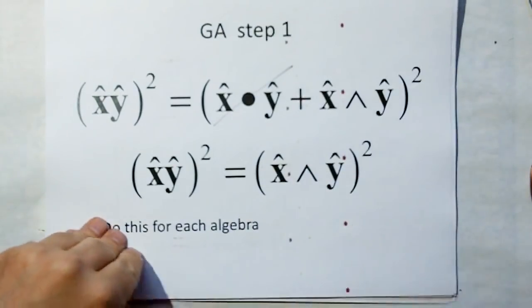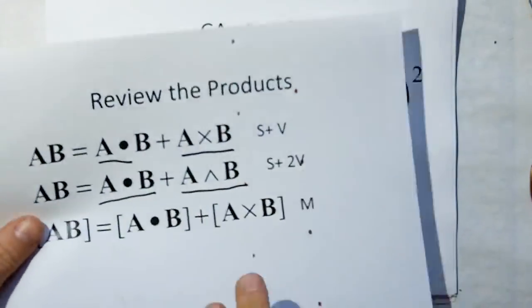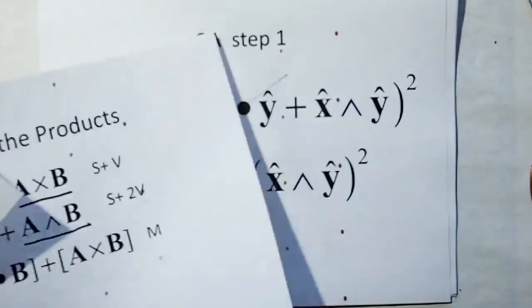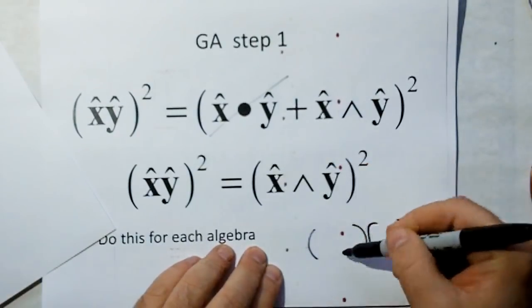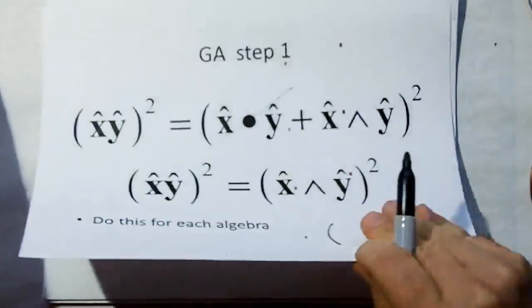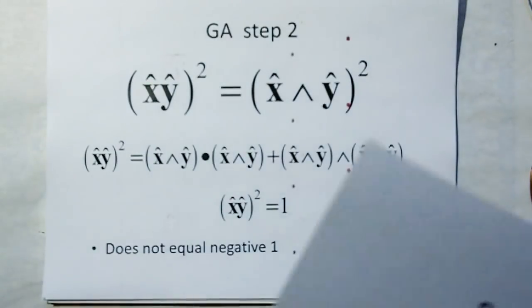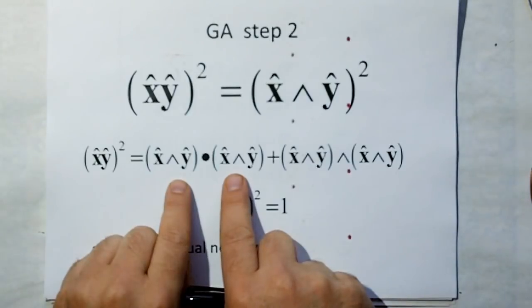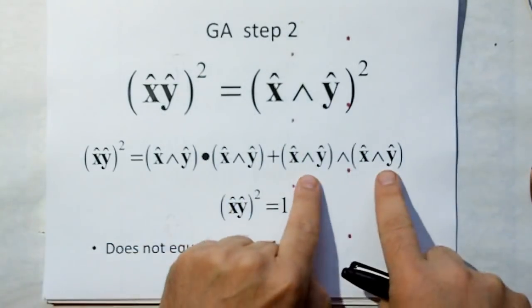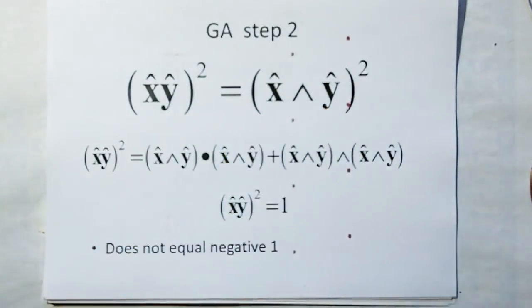Let's do that, and let's substitute that back into the geometric product, because this is essentially a product of this times this. When we substitute that, we're going to get the dot product of this plus the exterior product of this.